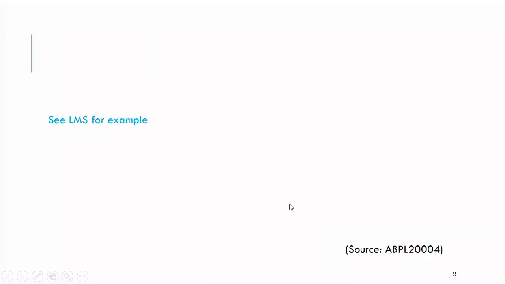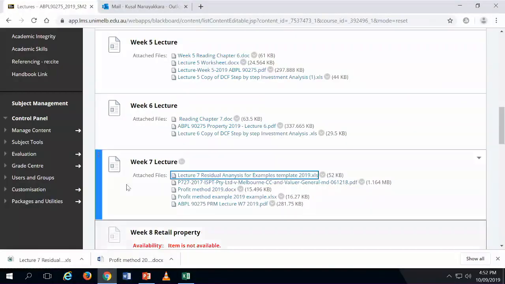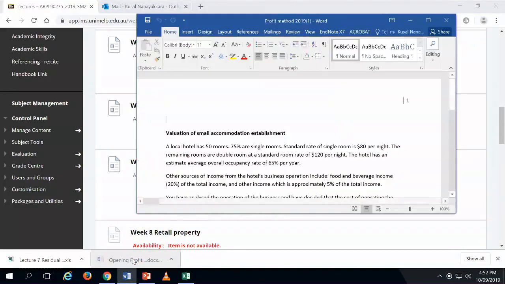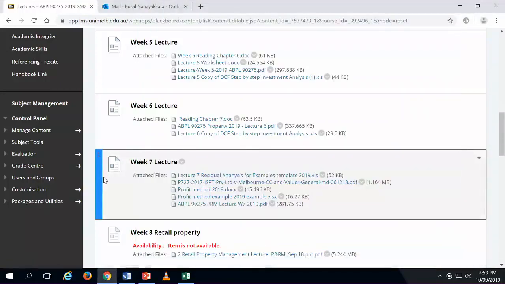LMS, for example. Just go through it quickly. Profit method example.